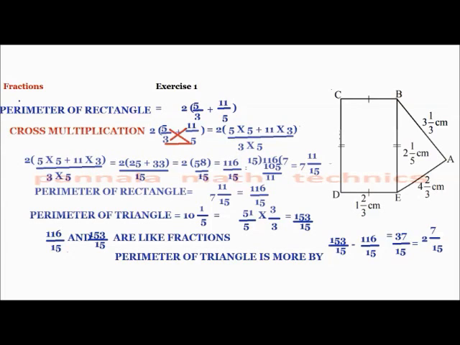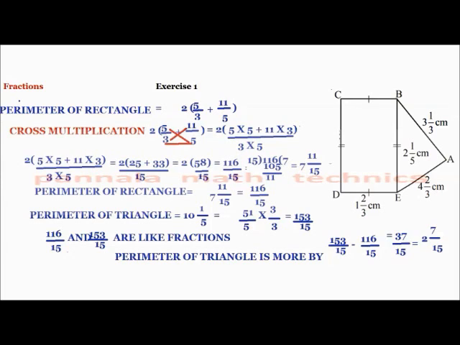Now which perimeter is more, we have to find out which fraction is more. Make like fractions. So 116 by 15, and now make 51 by 5 equal to 153 by 15.